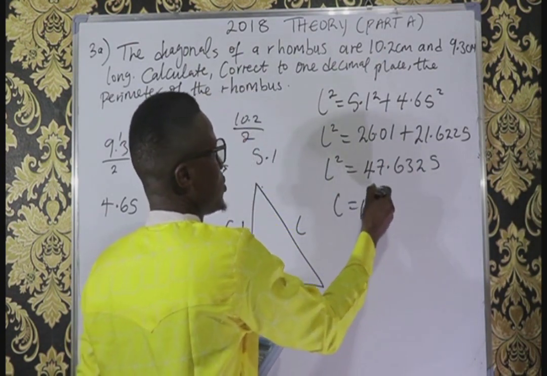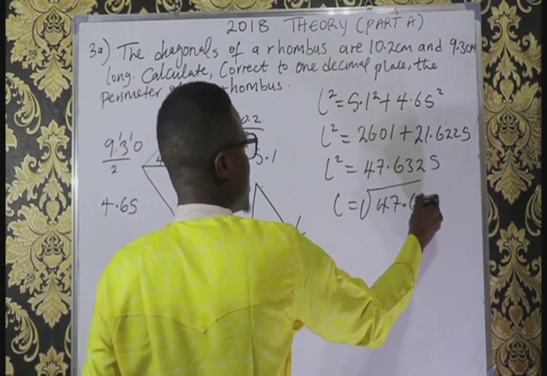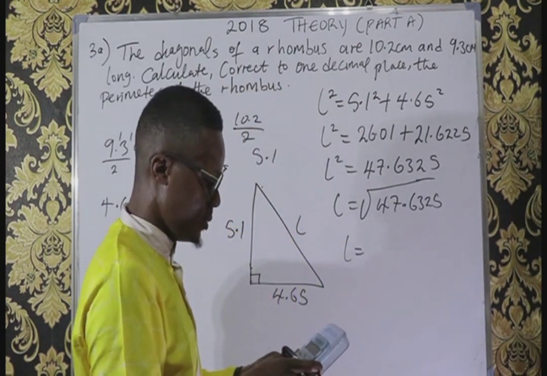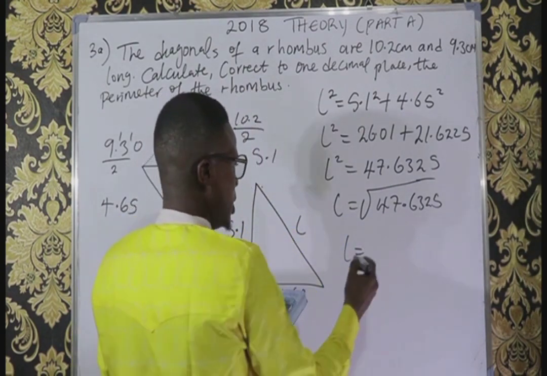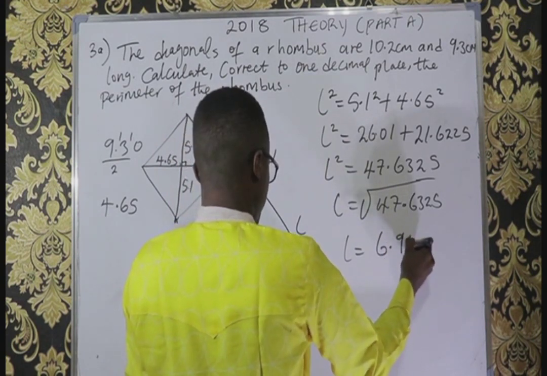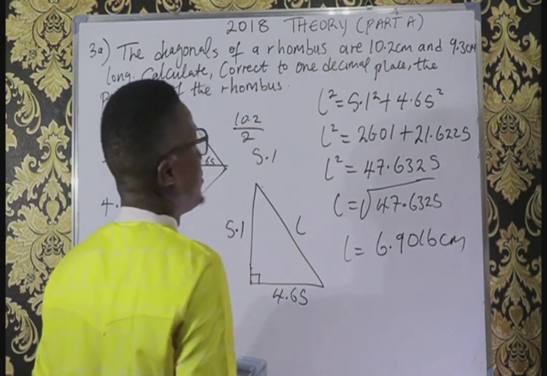Therefore, L is now the square root of 47.6325. If I find the square root now, it will give me 6.9016 etc centimeter. This is the length of the sides.